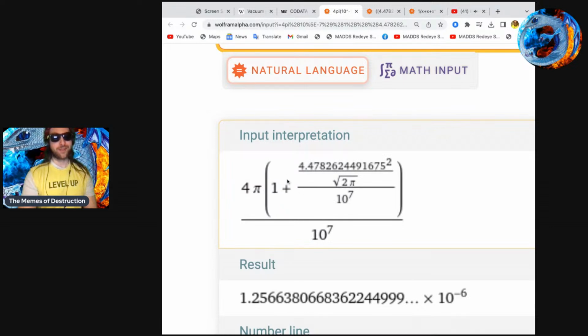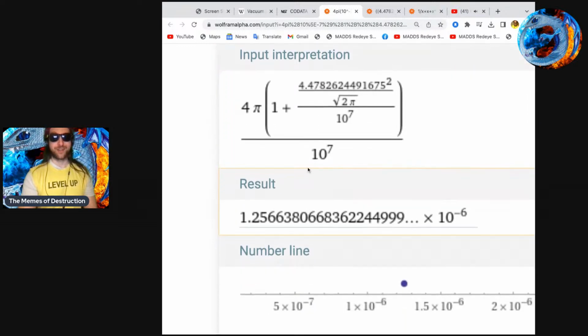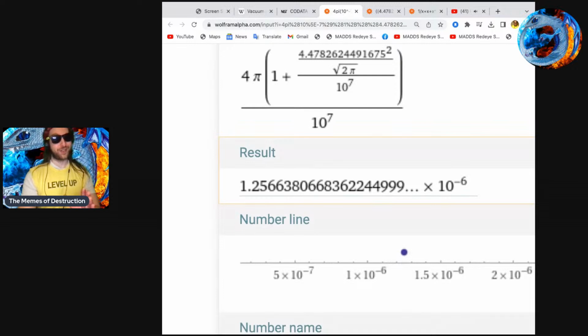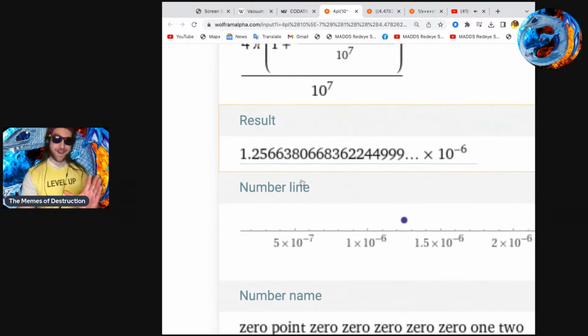So our boundary condition here for the inversion action is 1 plus Shoutout squared divided by the square root of 2 pi, and then another inversion right there. Comes out to be this number. Full disclosure, this is off. Again, it's based on the relative uncertainty of the fine structure constant, and we're getting down to very small levels of magnitude.